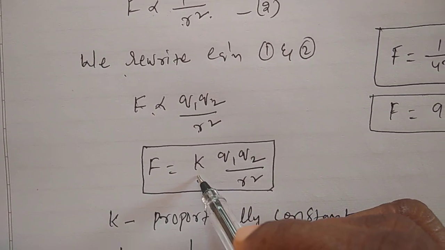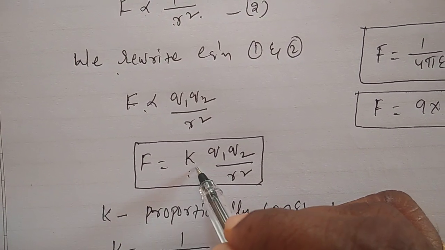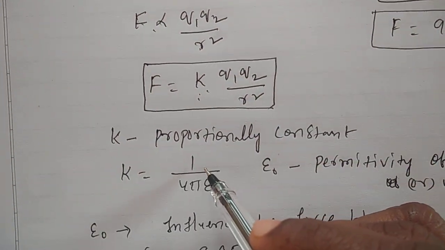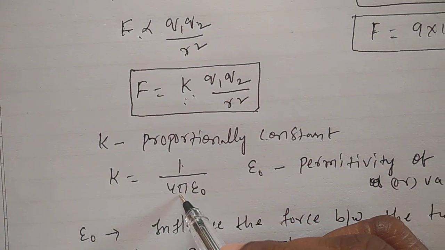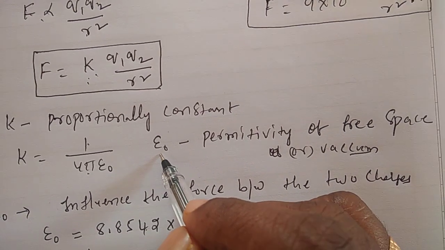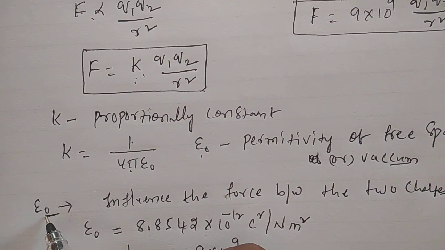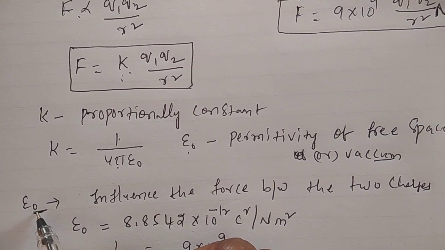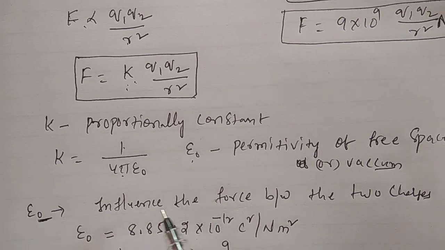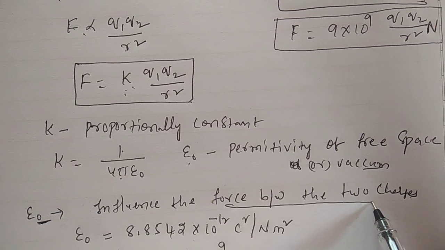Remove the proportionality, one constant is there, k is the proportionality constant. The k value here is 1 by 4 pi epsilon naught. Epsilon naught is the permittivity of free space or vacuum. Permittivity is a property of a medium which influences the force between the two charges.